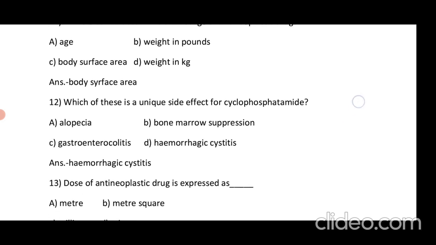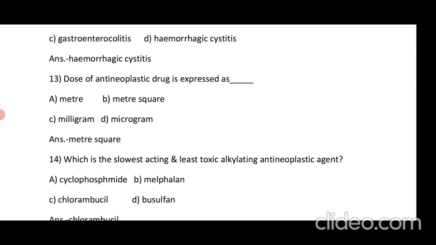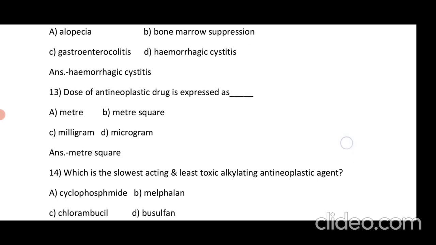The dose of an antineoplastic drug is expressed as per meter squared. Which is the slowest acting and least toxic alkylating antineoplastic agent?